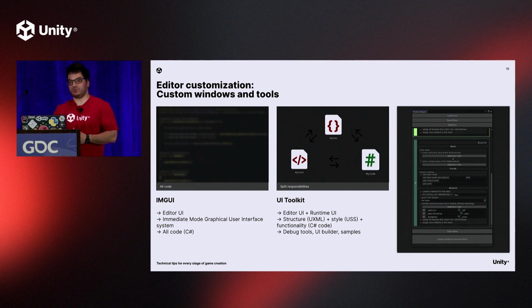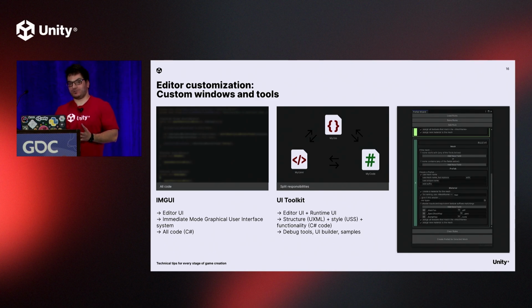More recently, we've added the UI Toolkit, which is a collection of features and resources for developing UI for both the editor, but also for runtime. One core difference is that you don't need just C#, or you could just make it in C# code, but it functions better as an assembly of three different parts. One, the structure, or the UXML file.